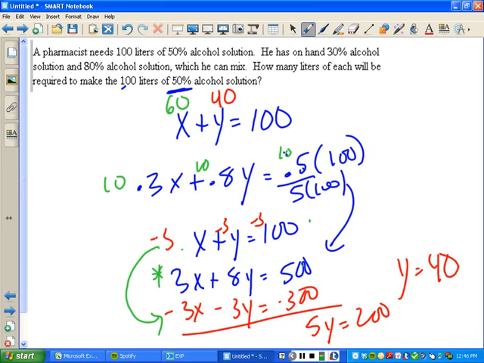I was solving these two, and then I multiplied by -3 so that I could solve these two. Okay. Y is 40, x is 60. Yes. All right. Any questions on that? Going once?